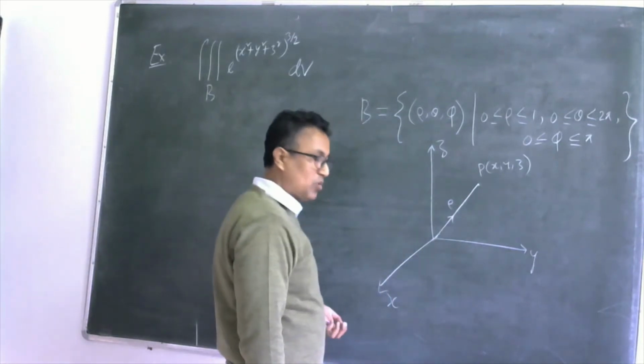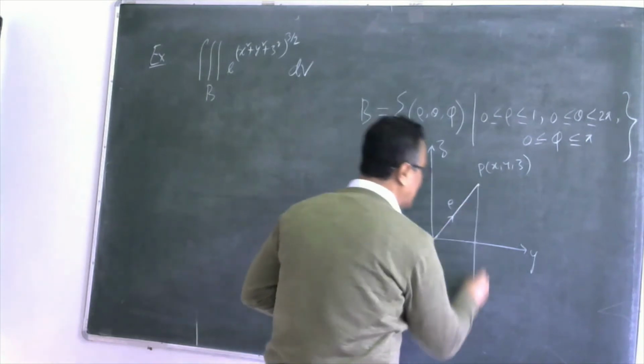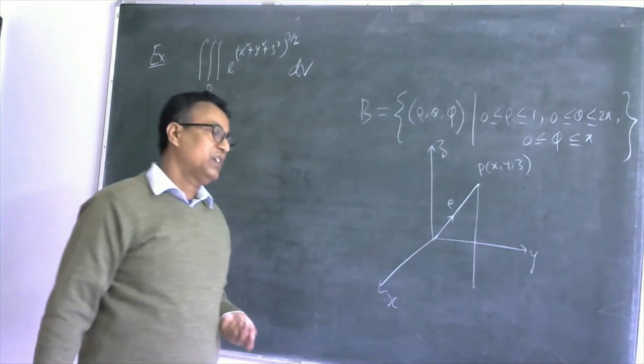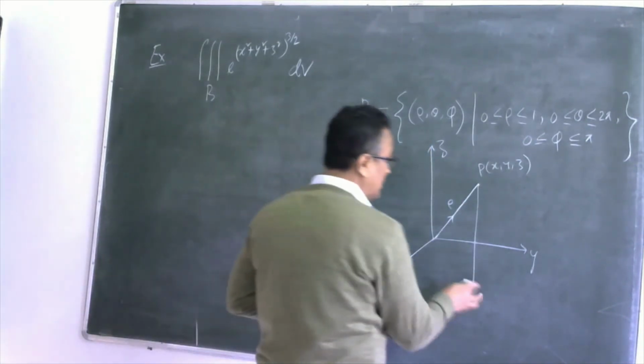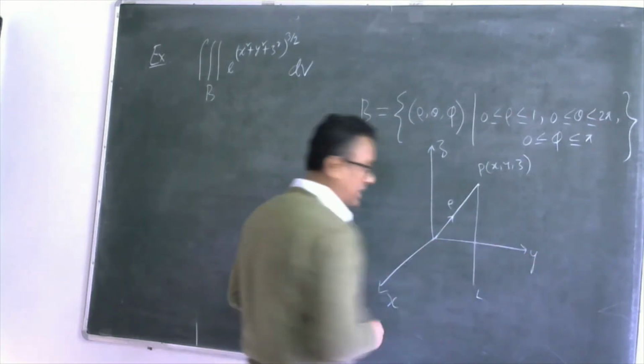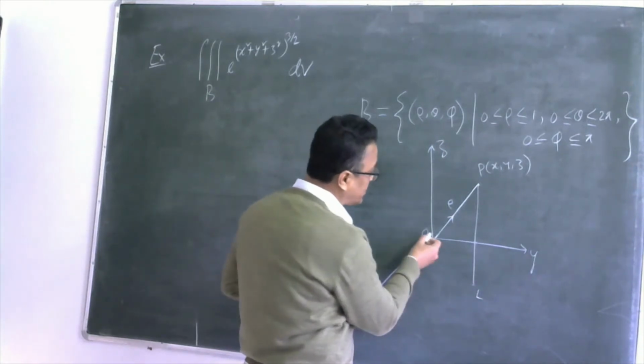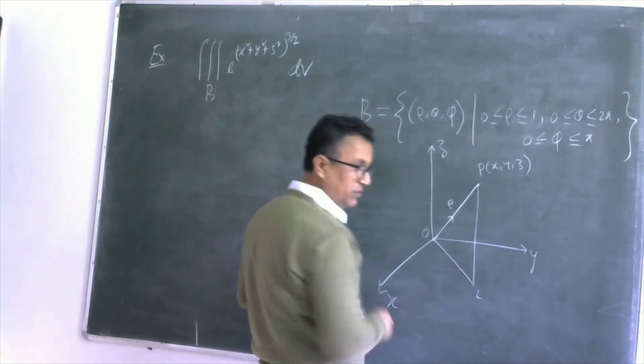We drop a perpendicular PL from the point P on the xy plane, then join the origin with the foot of the perpendicular.